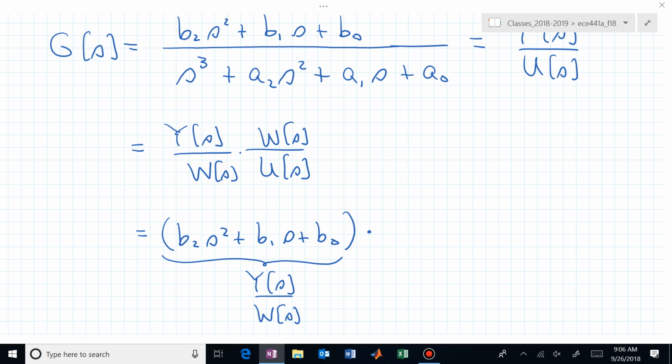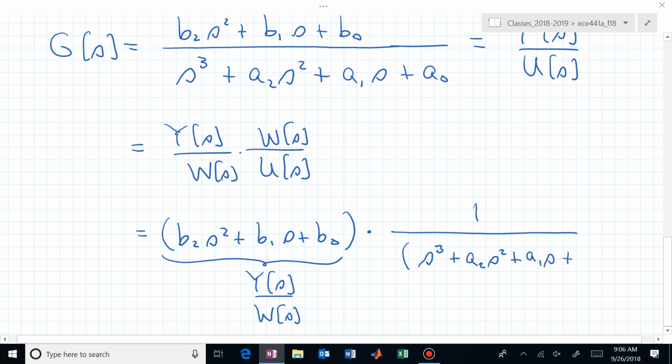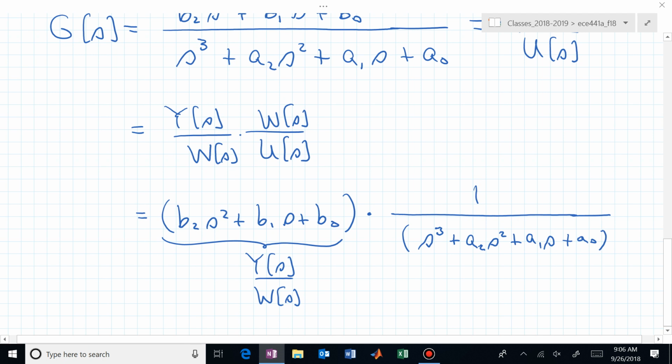The other piece, we can't just multiply this by the denominator. We have to maintain that ratio. So the next piece of this is now going to be the ratio with the denominator giving us the information about the dynamics of our system. And this piece, the whole ratio, is now w of s over u of s.